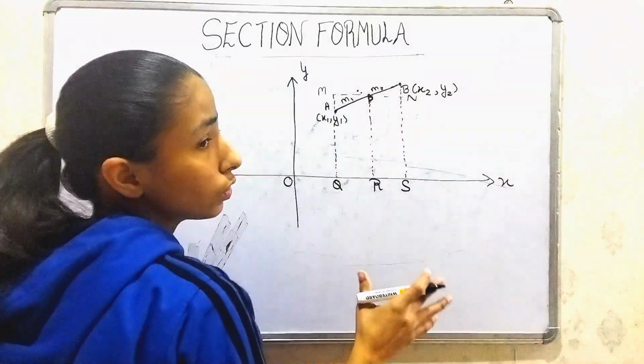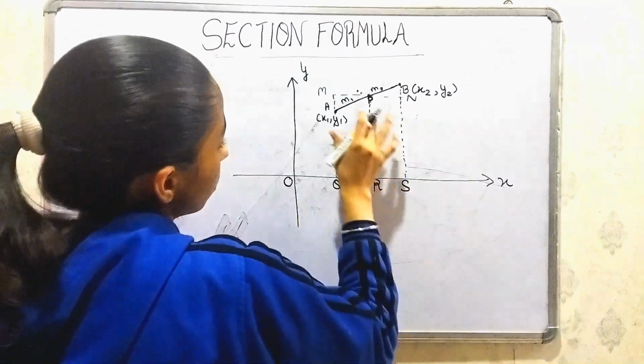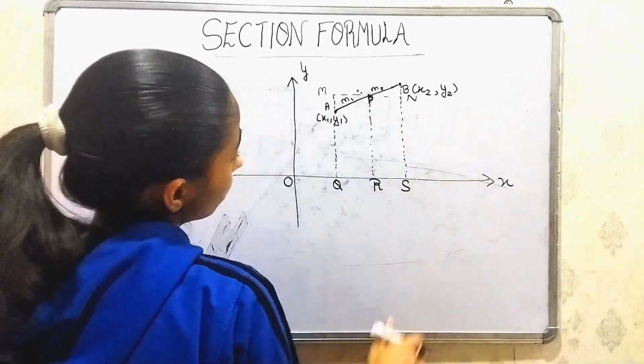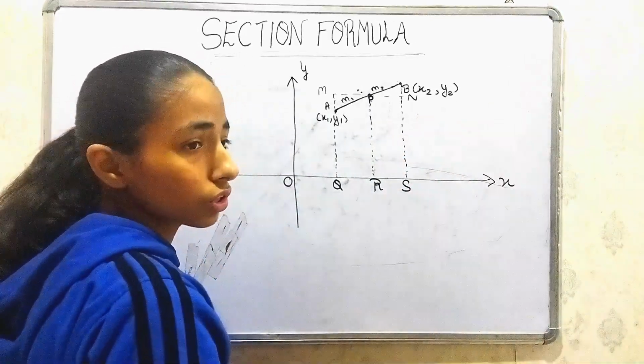Now let's find out what this ratio is in terms of x1, y1, x2, y2, so that we can solve the further questions.